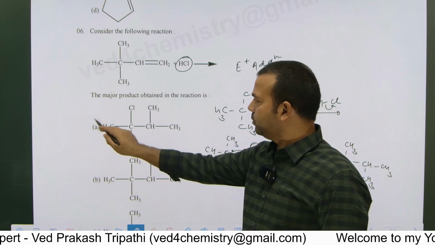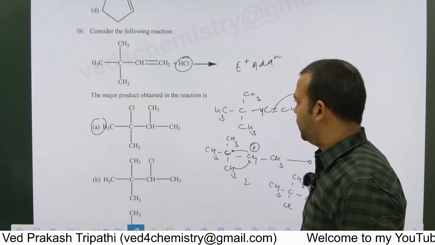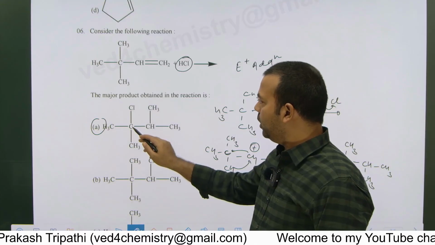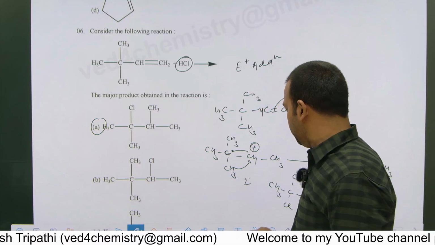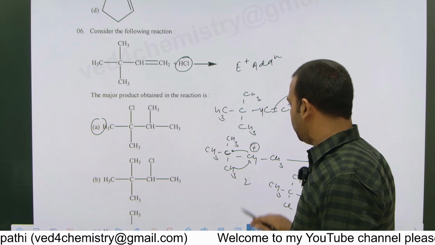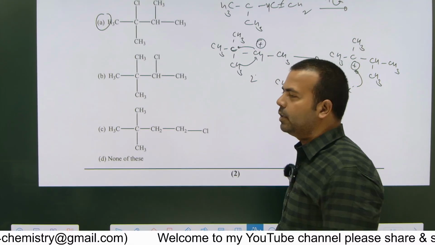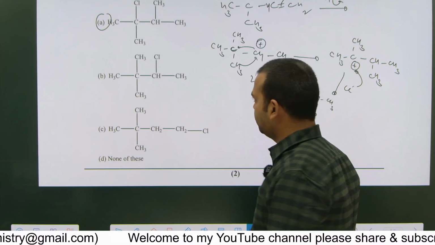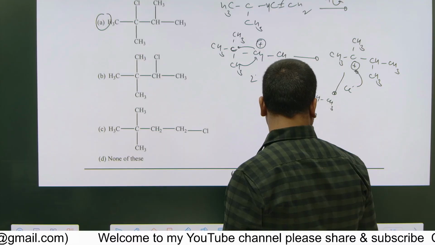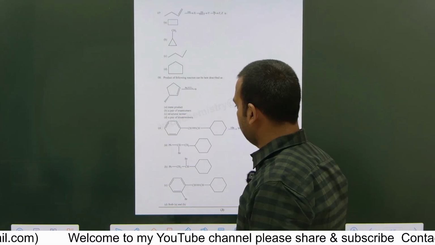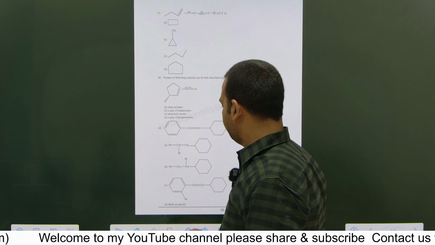Yeah, this one, option A. Clear? Chlorine on this carbon, the tertiary one. Let me check the other options. Yes, option A is correct. Clear? Now number 7.